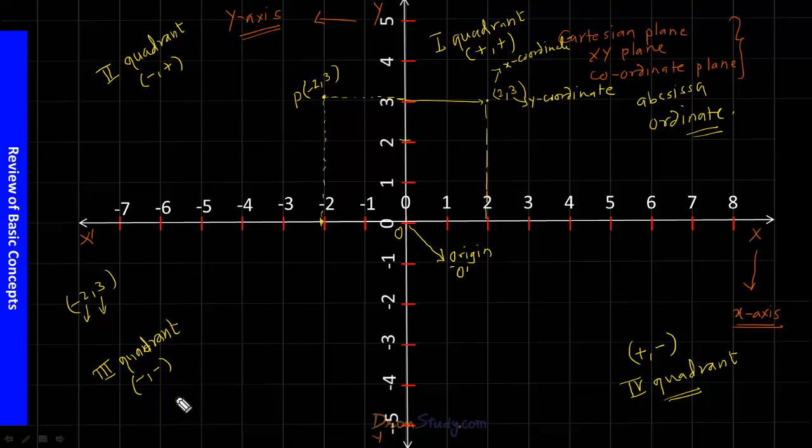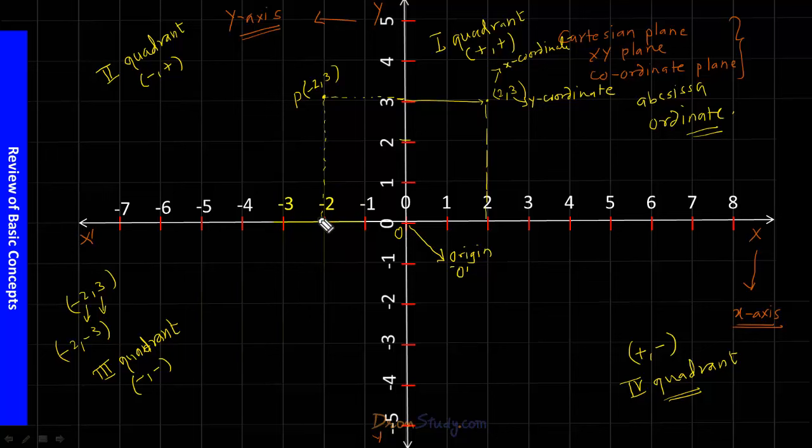Suppose you have to plot the point -2, -3. It means it will go to the third quadrant because both coordinates are negative. So the point will lie in this third quadrant. The x coordinate is -2, so the distance from the y-axis will be -2, so it will be here.